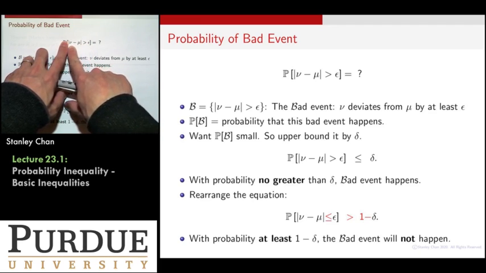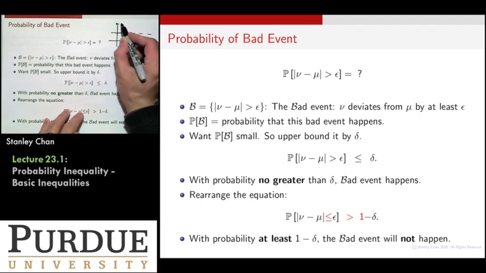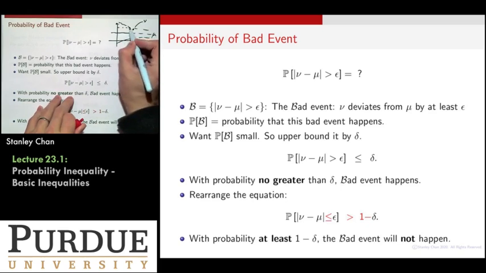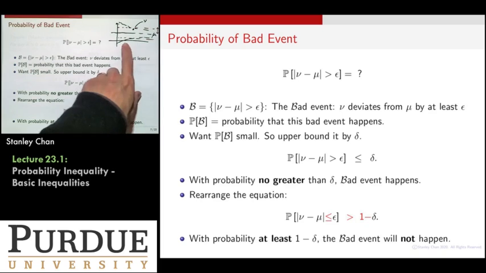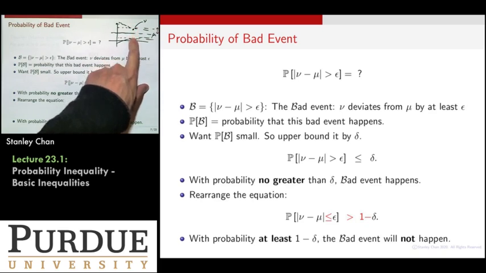Now, when will this be bigger than epsilon? Well, it will be bigger than epsilon when you are in this situation. So this is the population mean, and this is the standard deviation. And then mu is here, and nu is a random variable, so this is nu. If I put epsilon somewhere here, this is my epsilon, then I'm asking whether this black dot will be outside this epsilon, above the upper epsilon or below the lower epsilon.